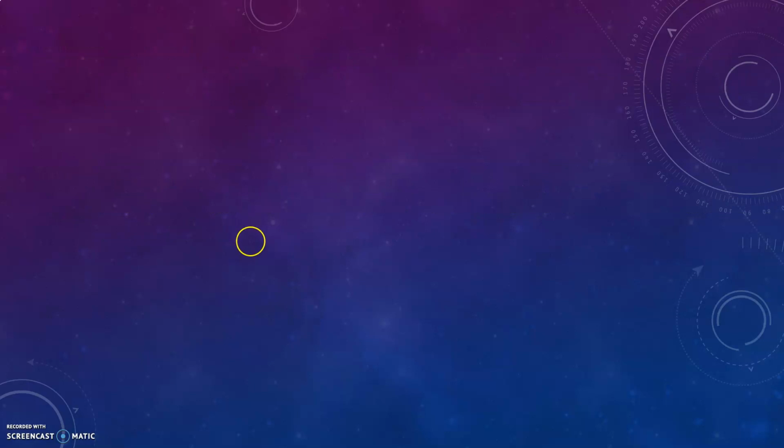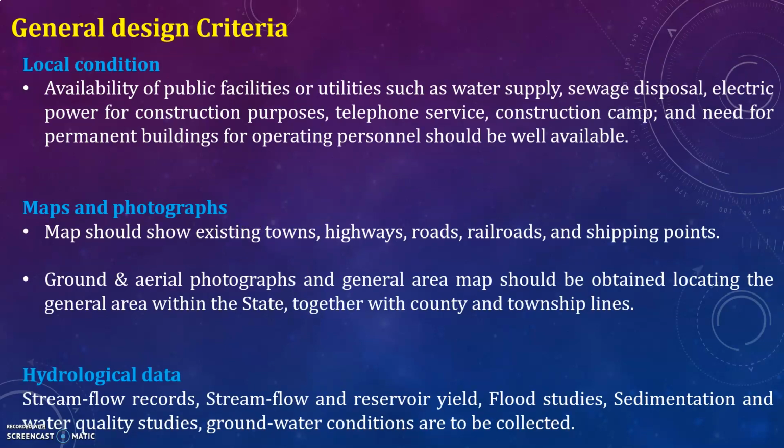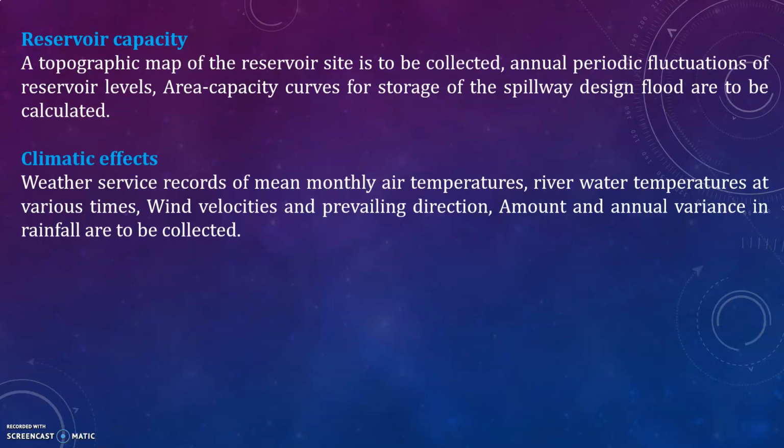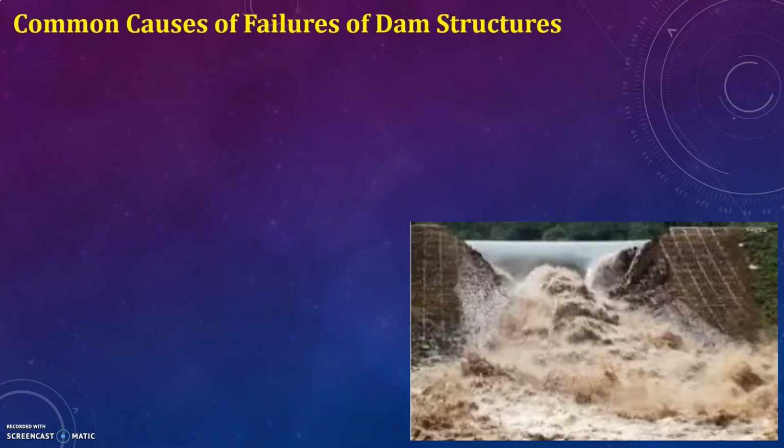So these five are the main important criteria for the design of any type of dam. The first one is local condition, second is maps and photographs, third is hydrological data, fourth is reservoir capacity, and fifth is the climatic effects.